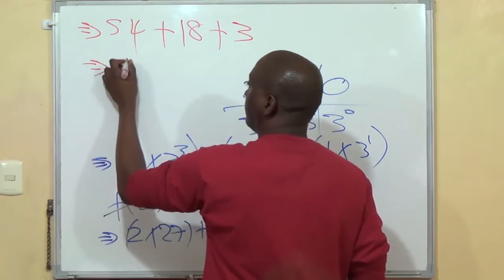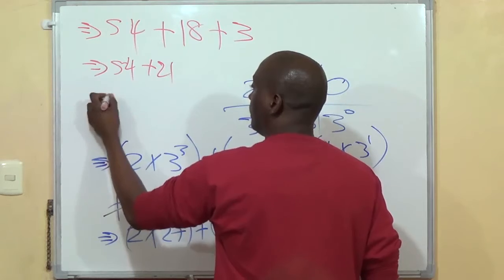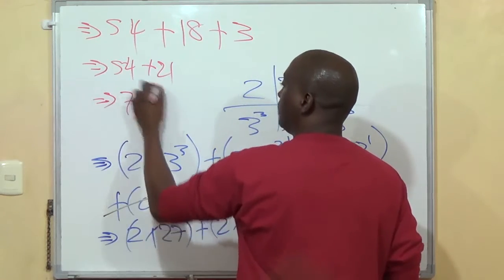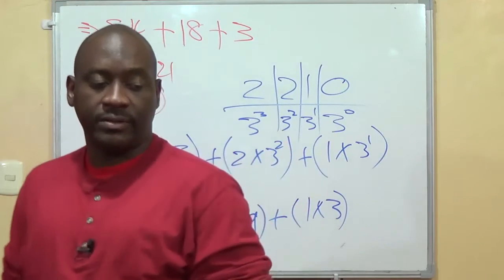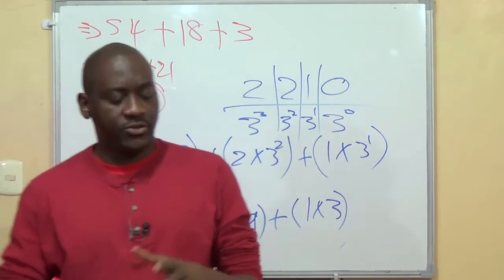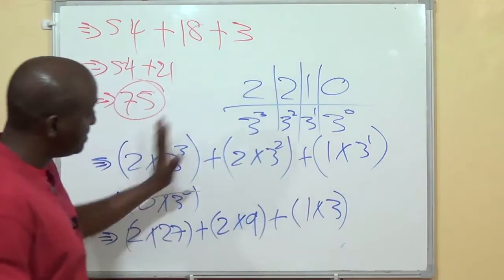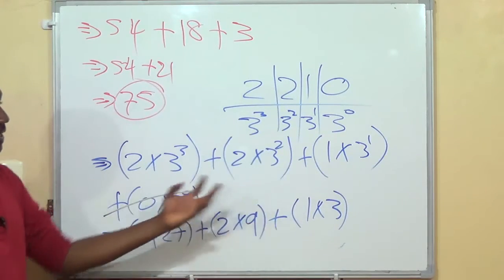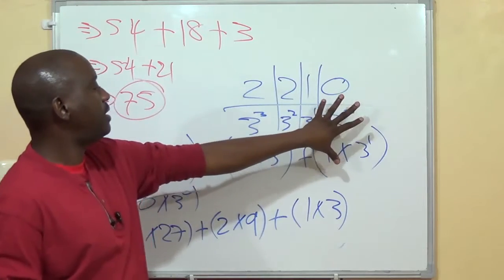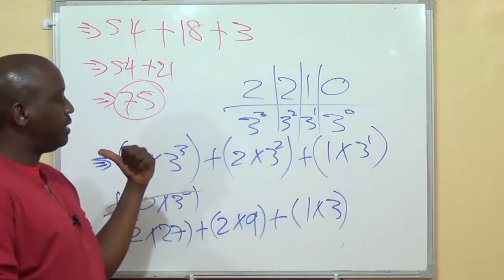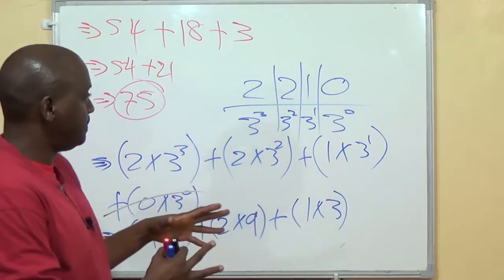So you get 54 plus 21, which is 75. Alright? So you see the conversion of the base 3 equivalent back to base 10. You see the process that we went through here, and we got that 2210 in base 3. When we work it back, we end up with 75 in base 10.